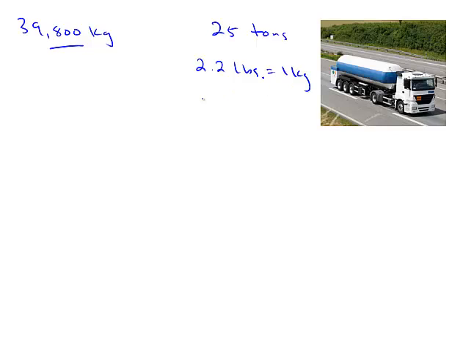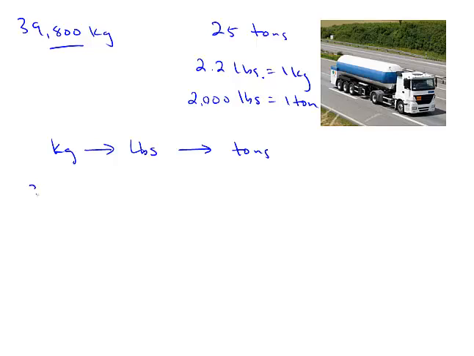For those of you that are not used to English units, there are 2,000 pounds in 1 ton. So we're going to need to make some unit conversions. What I'm going to do is convert from kilograms to pounds, and then from pounds I'm going to convert to tons, and then we'll compare.